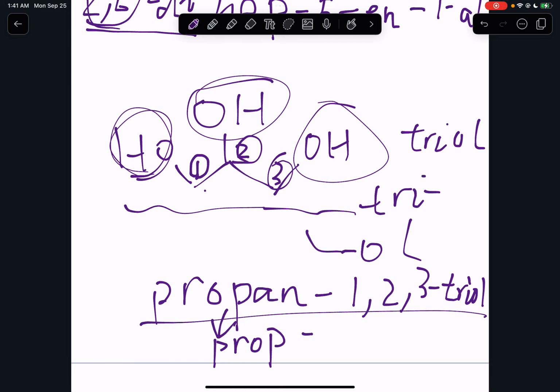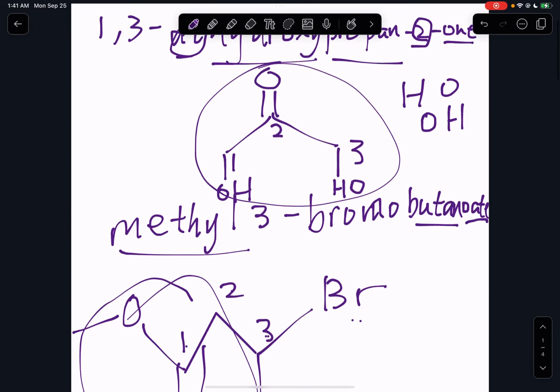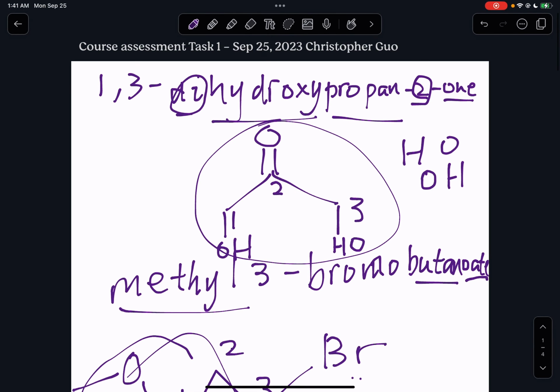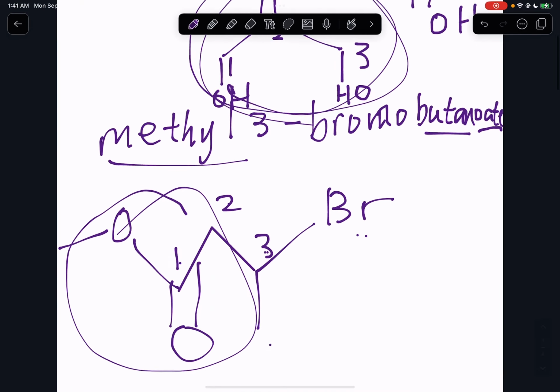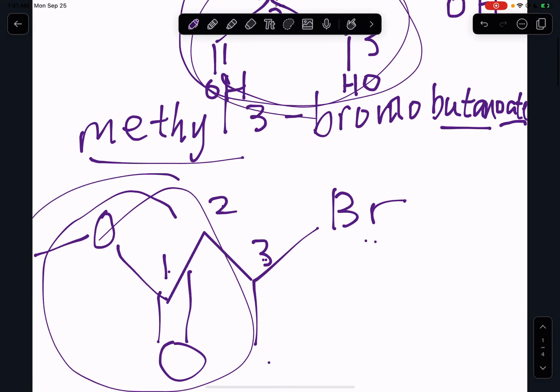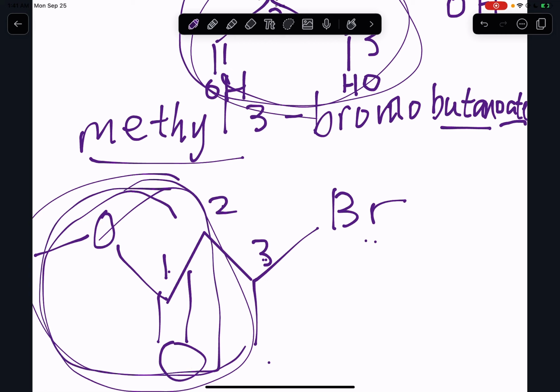Let me read this out loud for all of the answers again. So for the first one, we have this formula. For the second one, we have this one. And remember this is the part that confuses many people. They might think this is the oxygen, but in this case, it's the whole thing.